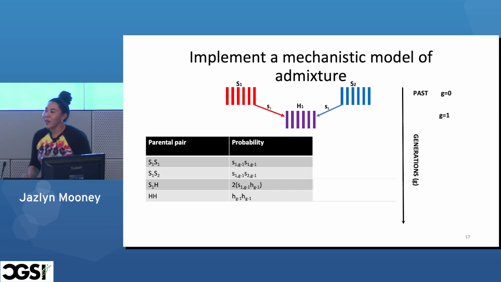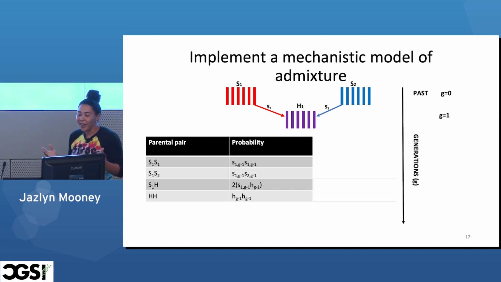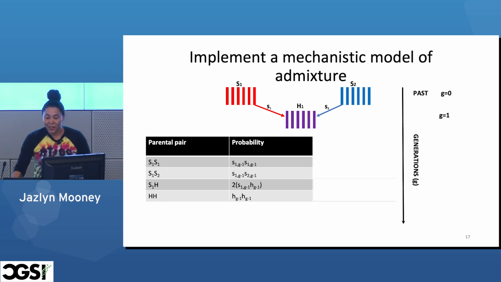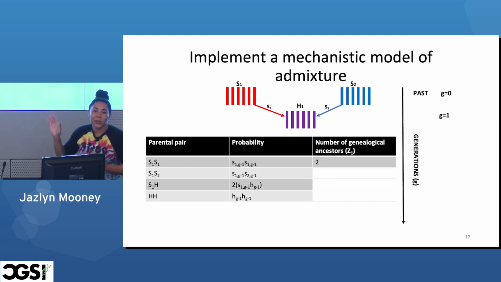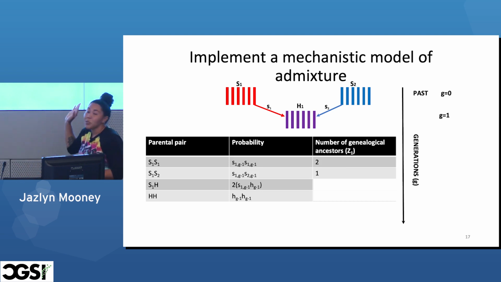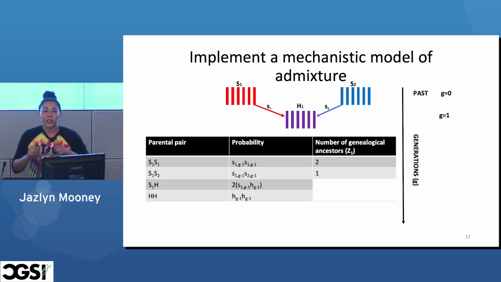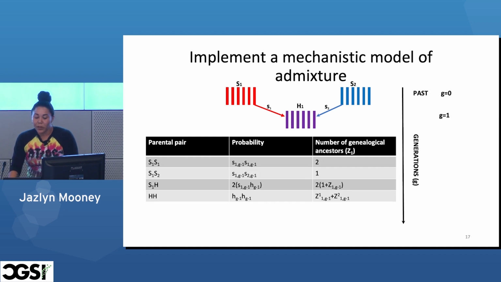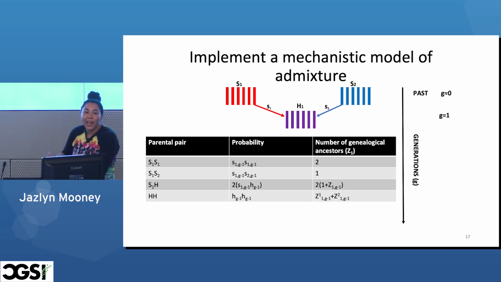So now I'm asking you, right, given I see this parental pair, S1, S1, how many of the parents are coming from S1? 2. So if I see the parental pair S1, S2, how many parents are coming from S1? It's just 1. So now what you're doing is you're actually summing lineages rather than using multiplication, and you can just fill in the rest of the table. So if we have parents that are coming from the admixed population, we just sample that admixed population twice.